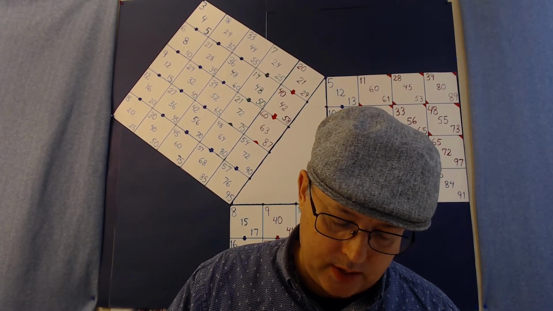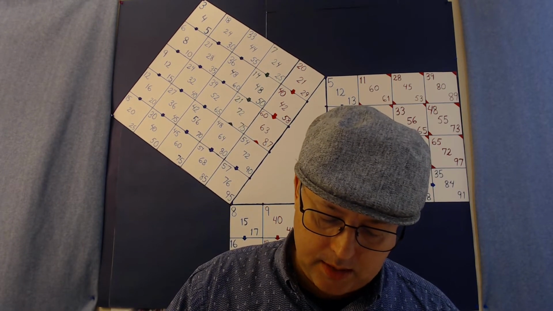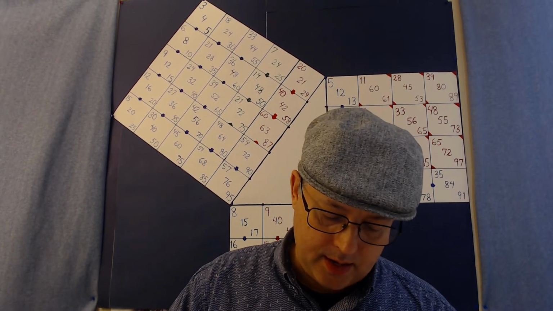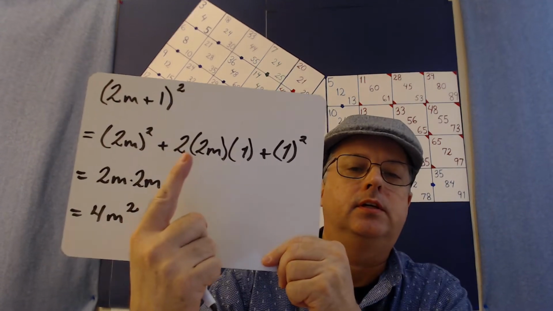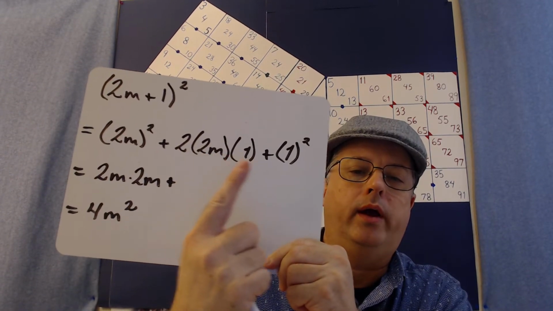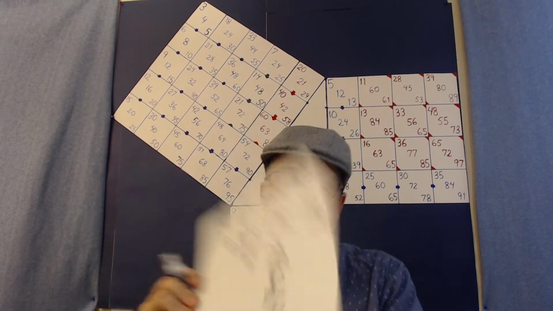And now let's complete the expansion. So this is 2m squared. That means 2m times 2m, and that's going to give us 4m squared. And then this 2 times 2m will give us 4m, times 1 will still be 4m. So plus 4m.